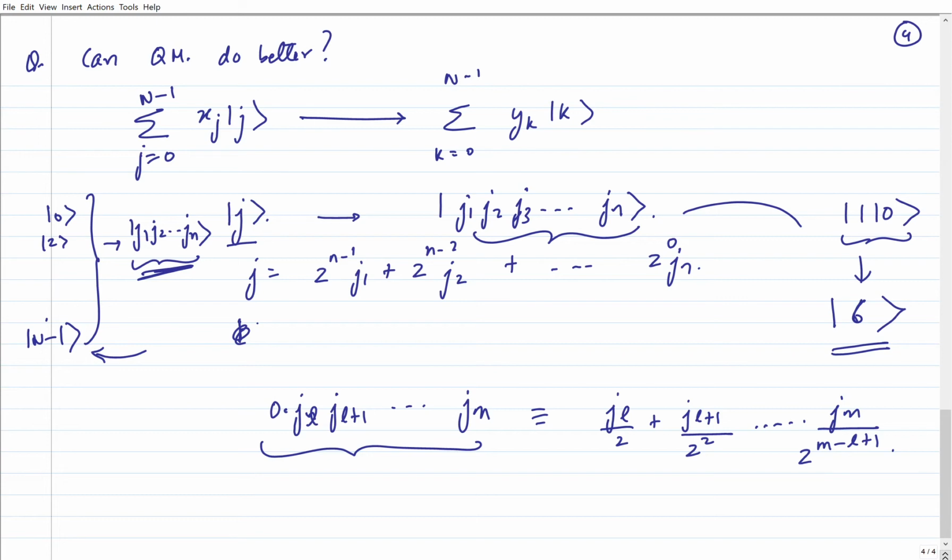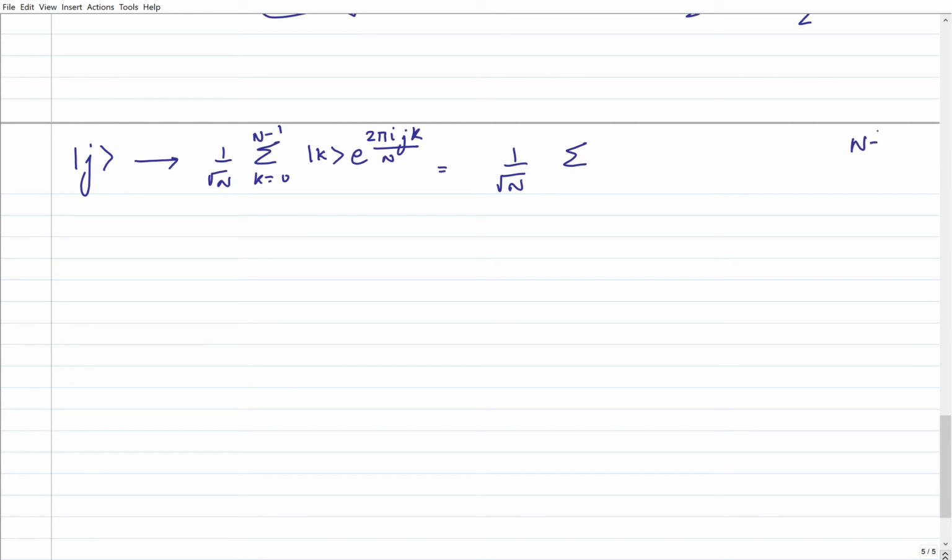So let's see what's going on. Armed with this, my Fourier transform was the change of bases, the sum over all the k indices, basis vector k, with the transformation 2 pi iota. This was by definition, and I'll just plug in the relationship between n and the binary representation, and use this fact interchangeably.